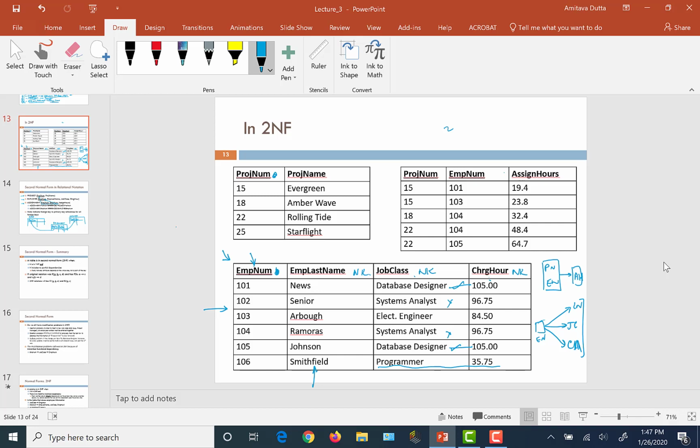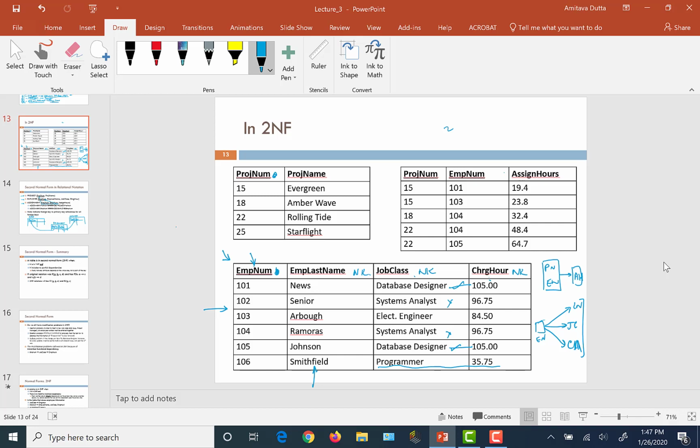So this is a deletion anomaly, meaning I really want to delete only the employee, but in the process, I'm also deleting associated information that I really don't want to delete.